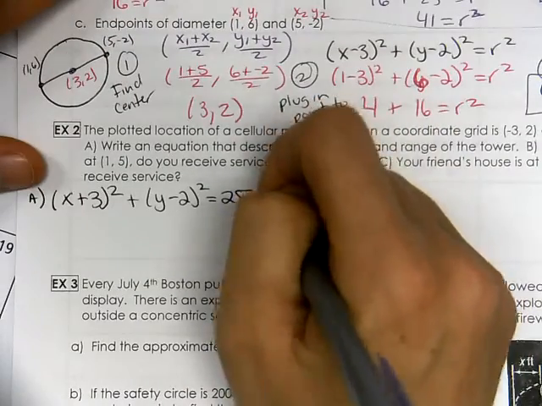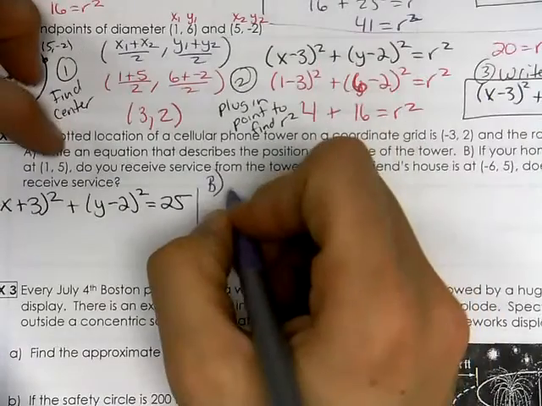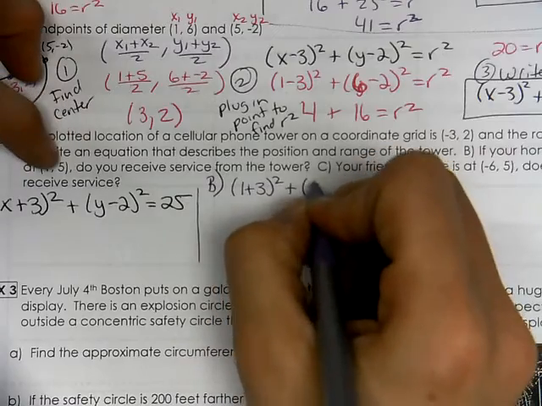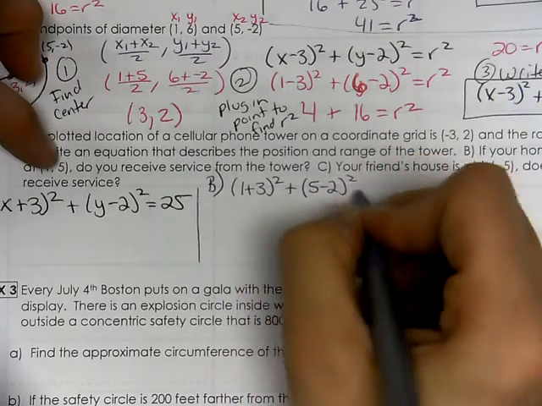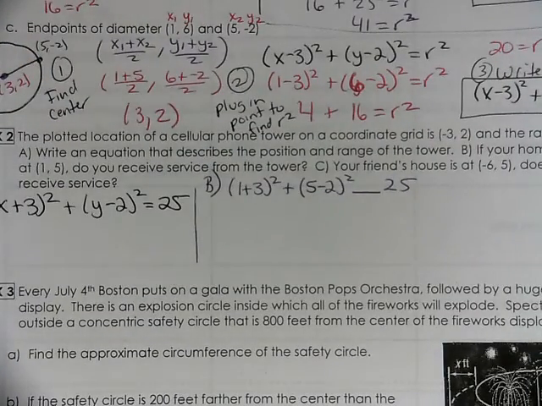Let's do this over here. So for B, I'm going to plug in (1, 5). So (1 + 3)² plus (5 − 2)² is what compared with 25? Is it greater than, less than, or equal to? Okay, we don't know yet.